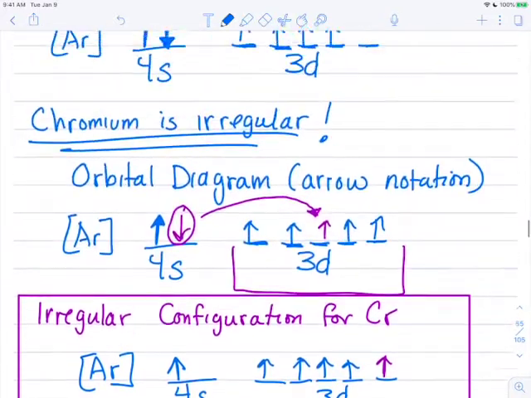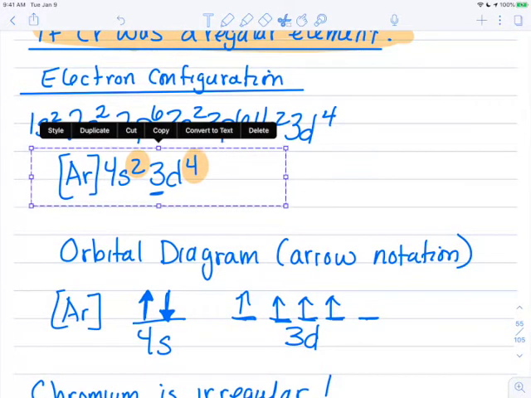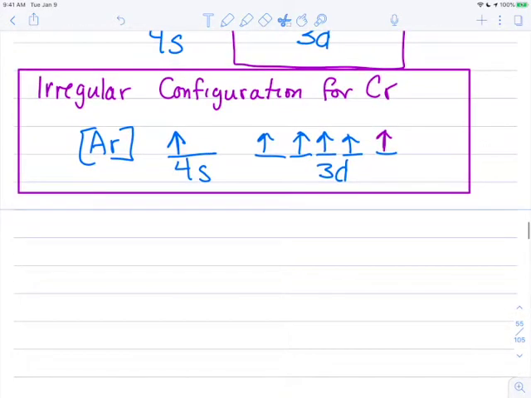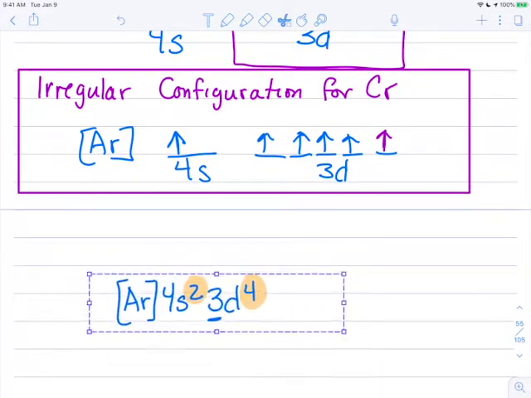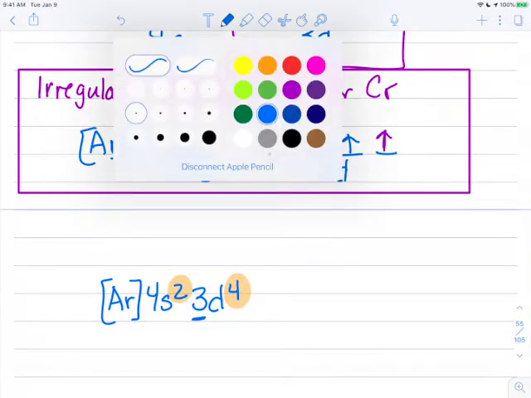So what's going to happen if we take this right here? This was our regular configuration, and now we're going to make it irregular.